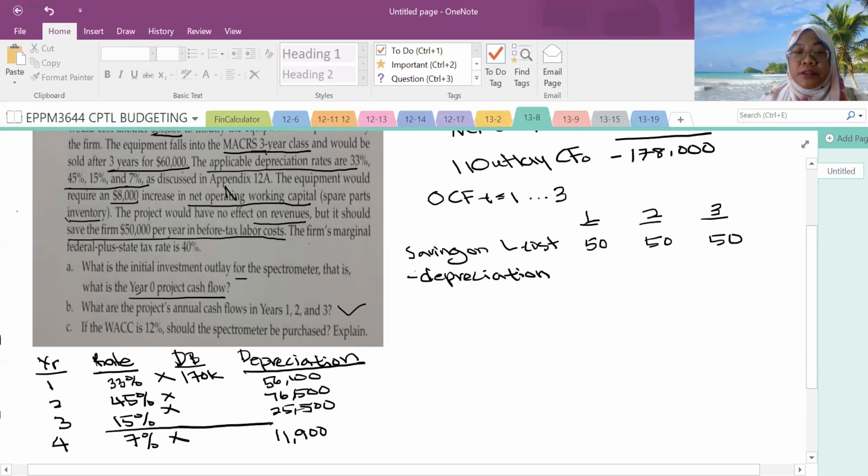Because our project stopped at year 3, this last depreciation represents the book value for this equipment.